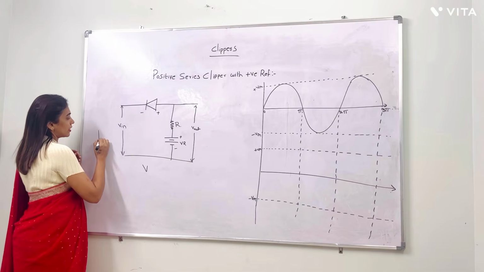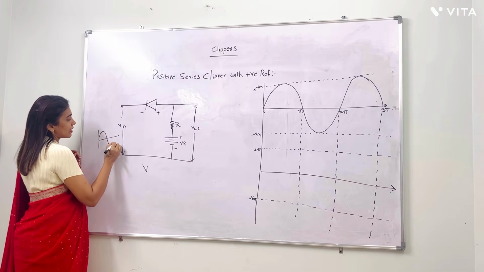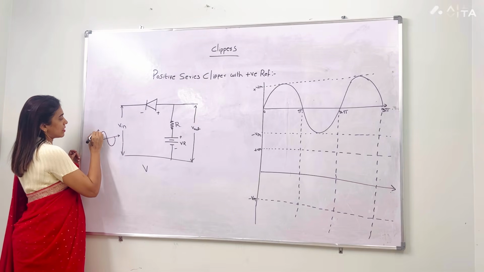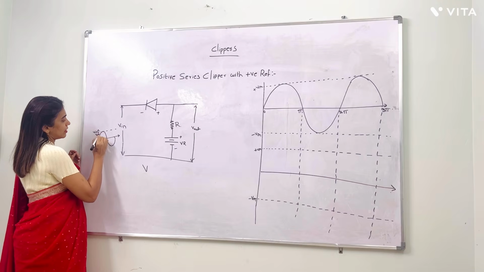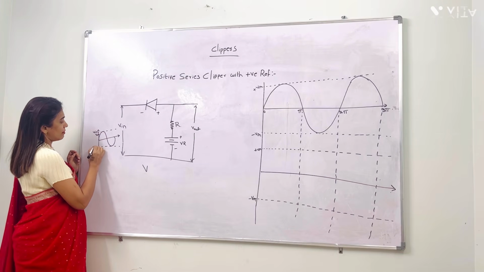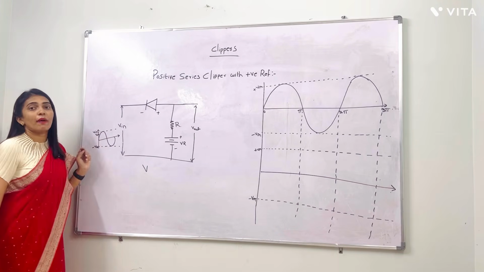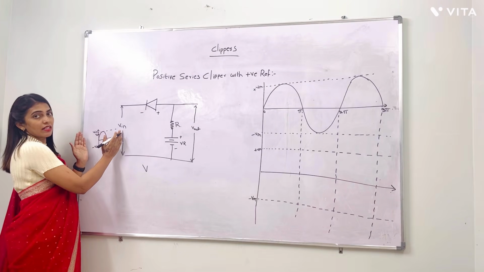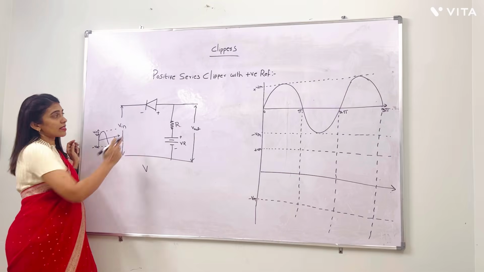Here we are giving a bidirectional signal, that is an AC signal, as input voltage. The positive side is considered as plus Vm, the negative side as minus Vm. The entire signal is given to this diode.